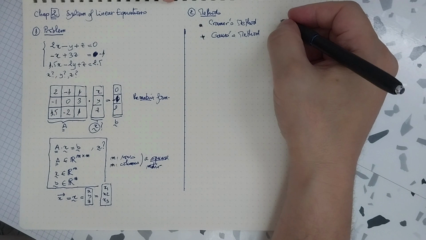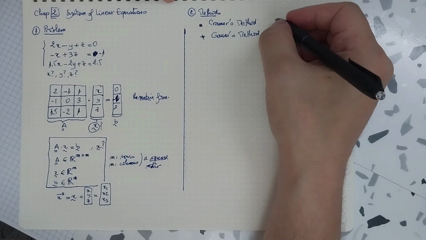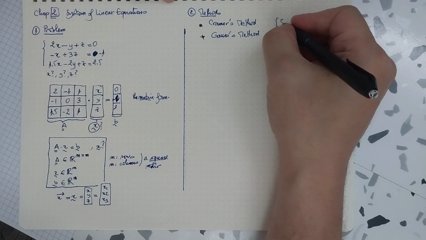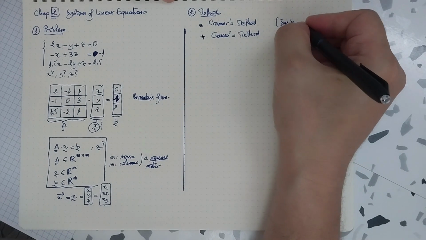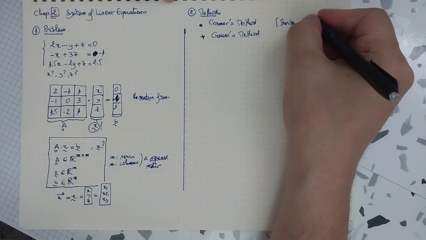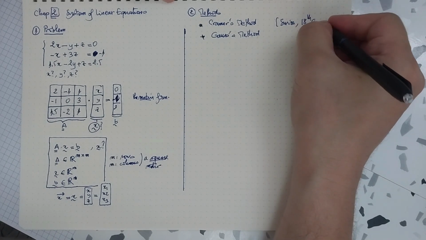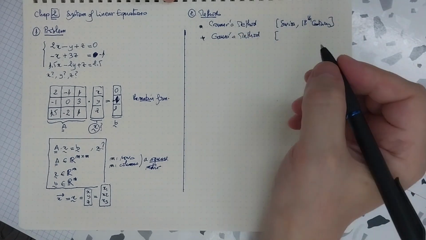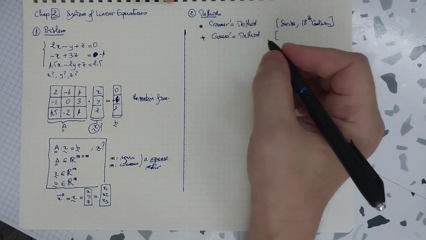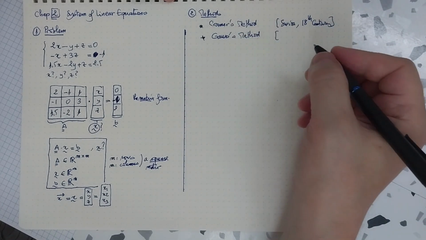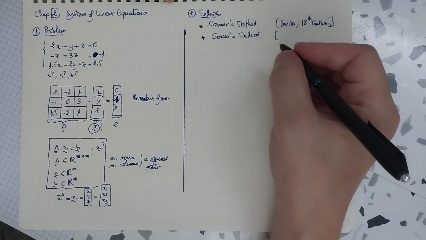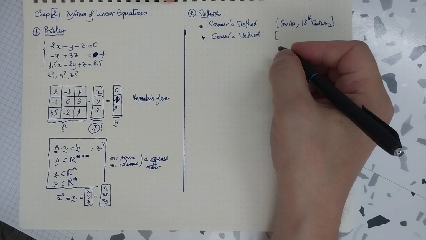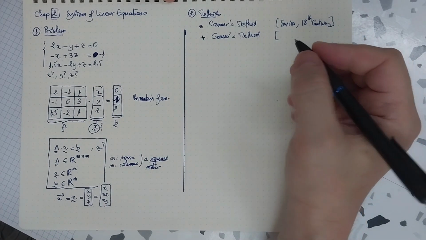Cramer is a Swiss scientist and mathematician in the 18th century. And Gauss is very well known in mathematics and in physics. He has many contributions to this field, numerical methods and mathematics in general.